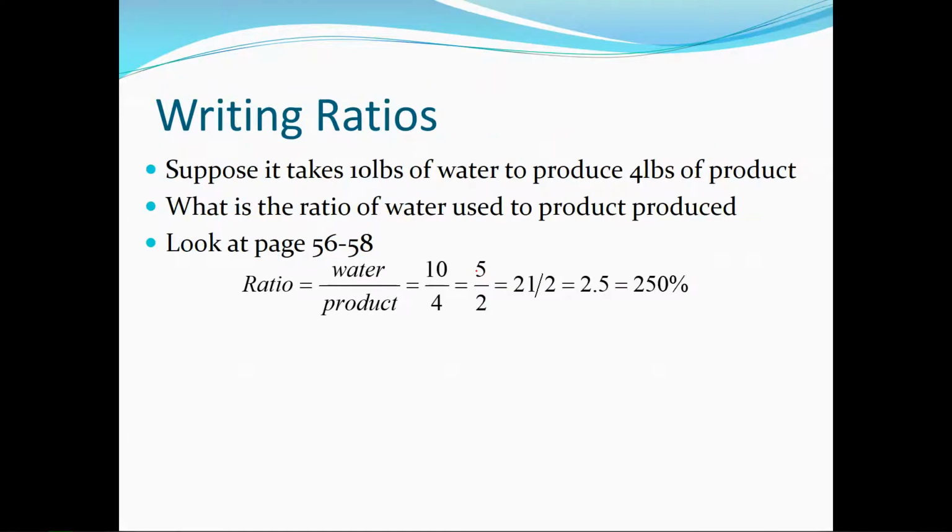So what if I said instead, how much water do you use in the processing of each 10-pound container of product? That's where you get the water to product ratio. You have 10 pounds, so you would multiply it by 2.5. You'd have 25 pounds of water.